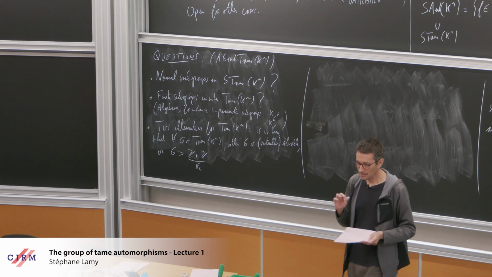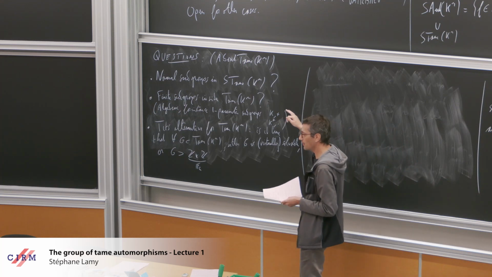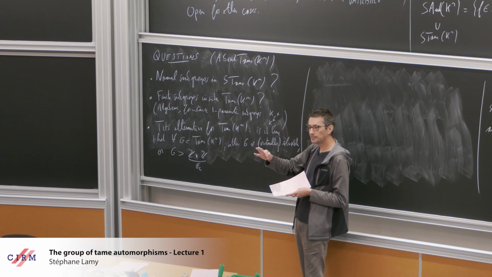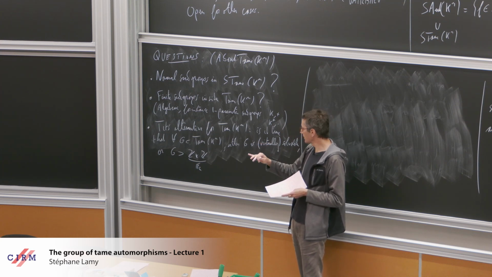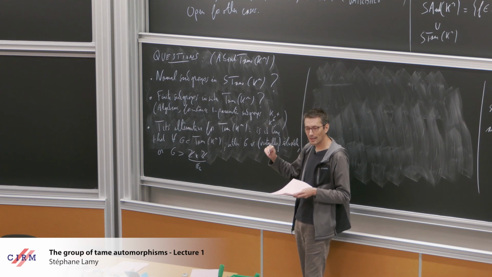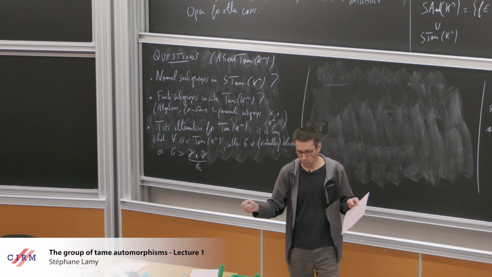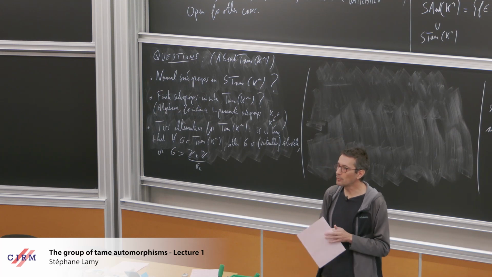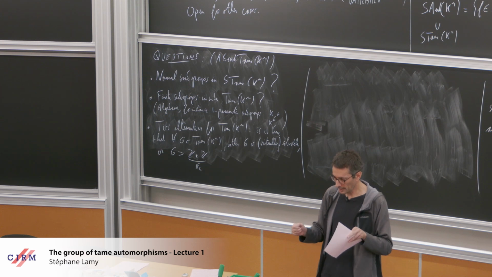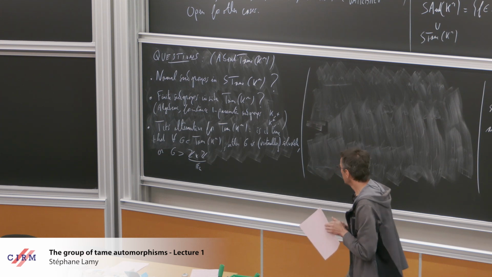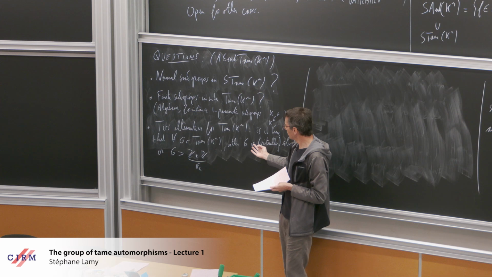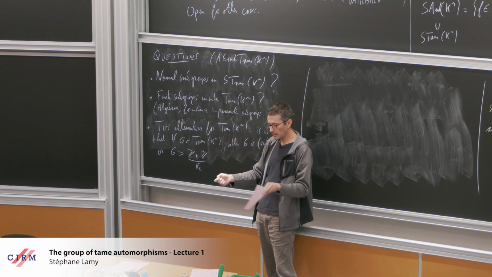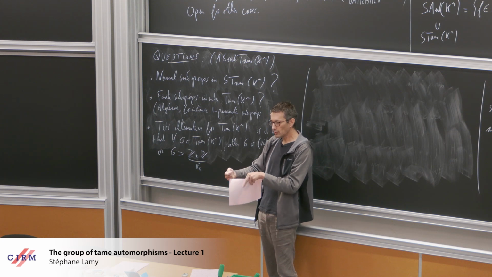Just to put a question, these questions in my mind are in fact related to dynamical questions as a first step. For instance, it was mentioned by Gabriel Vigny that a long time ago I proved that if two Hénon maps have the same current or the same Green function or Julia set, then they have a common iterate. And in fact, the proof is because I understand over K2, if they have, say, the same Green function, I know something about the commutator.